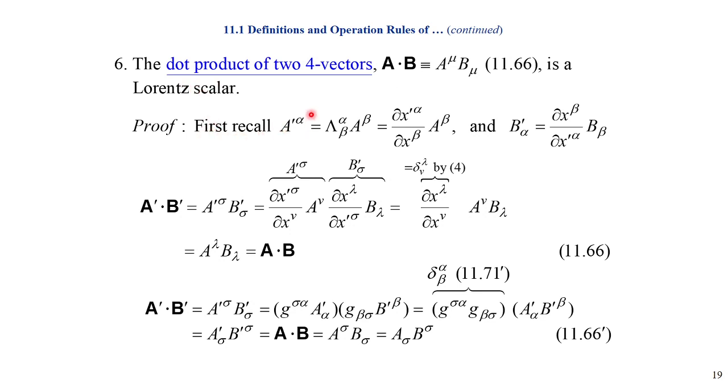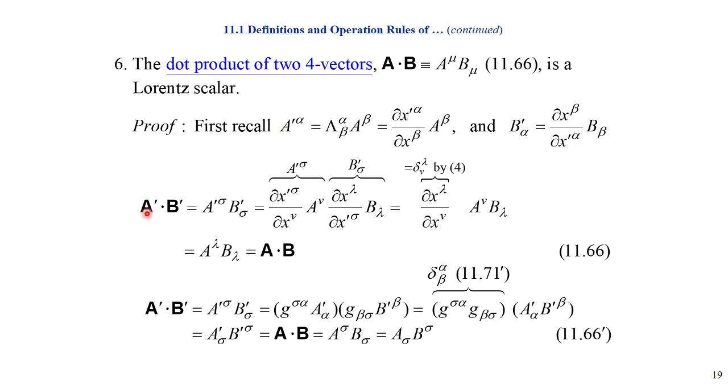First, let's recall the A prime system. We can write it into this one. And partial x prime alpha, partial x beta. And likewise, the B vector, B prime, similar notation.